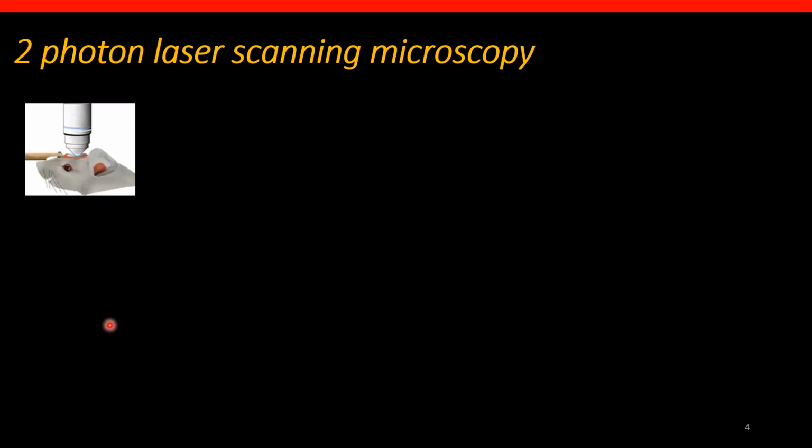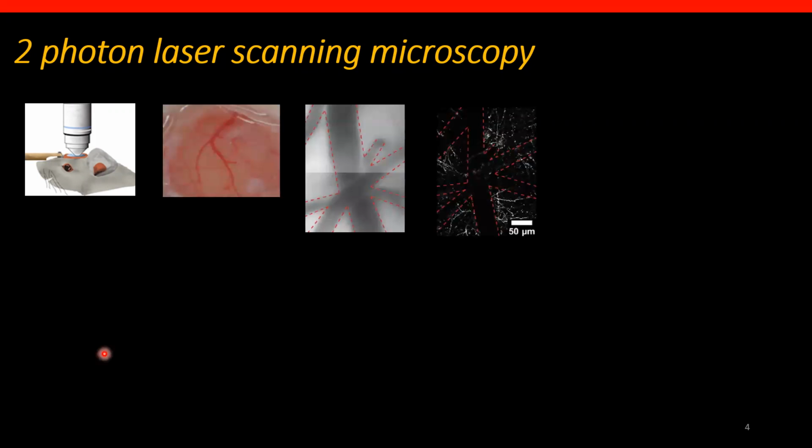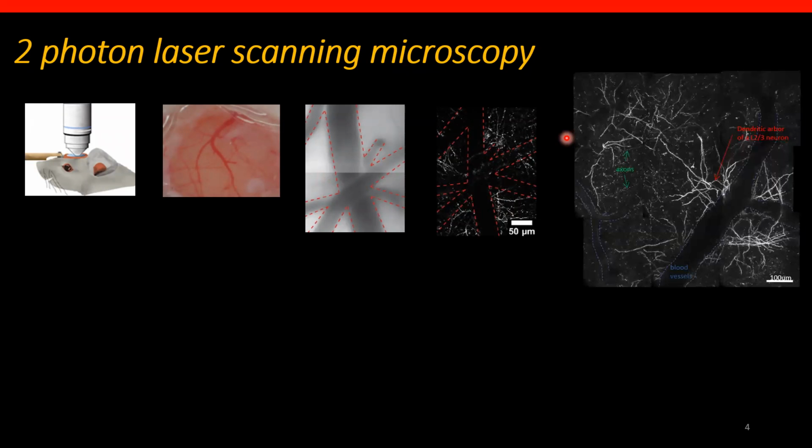We can then use powerful two-photon laser scanning microscopy to image deeper in the cortical layers at quite a high resolution. Here are just some examples of what we can see when we look through the window with just the naked eye, and you can see the vasculature very clearly, which we can use as a sort of guidance system or a map that allows us to find the same region repeatedly.